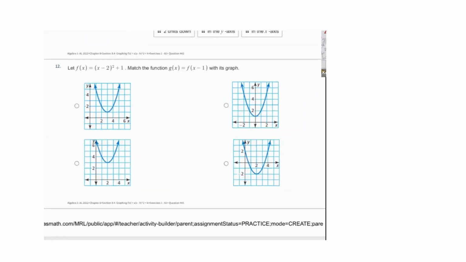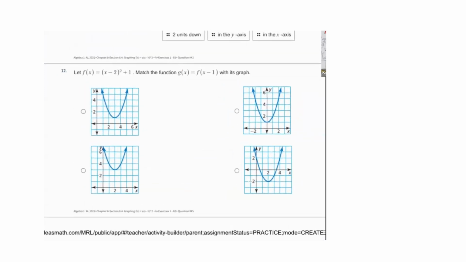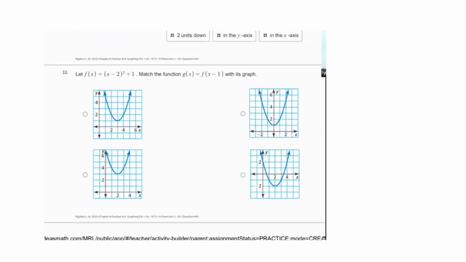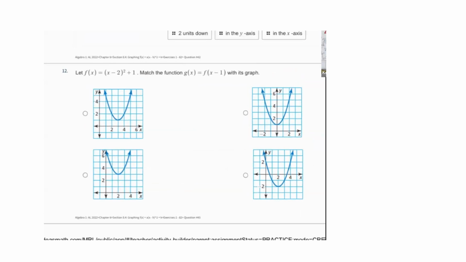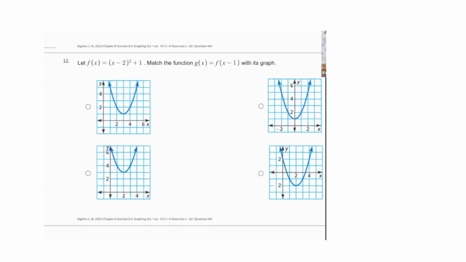All right. Now we don't have to answer all the questions. We just have to match. Let's see. So let f of x equal (x minus 2) squared plus 1. And then match the function g of x equals f of x minus 1.